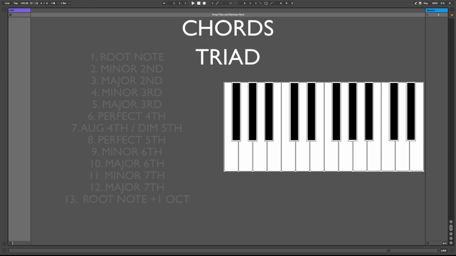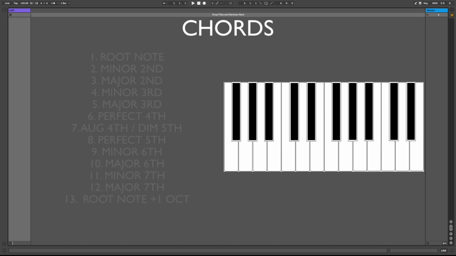Now if you played, let's say, a minor 3rd, it would be known as a minor chord. But if you played the major 3rd, it would be known as a major chord. If you're not sure what I mean, go back and watch the section on the chromatic scale and scale degrees and look specifically at the minor 3rd and the major 3rd intervals, and hopefully you'll get a better understanding.